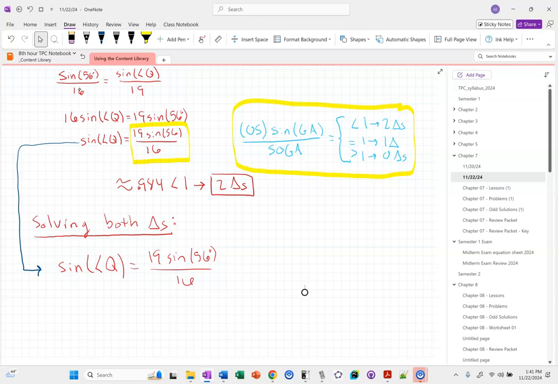Nope, because it's not a number. What's going to cancel it out of there? Yeah, sine inverse. Sine inverse is what we need to do. So do sine inverse of both sides.